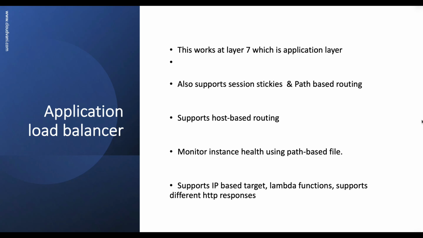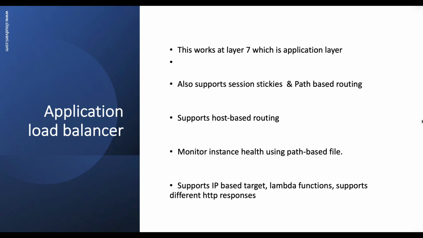If the path is not available, it is going to show the status of the instance as unhealthy, which means you can configure an alert. The alert goes through CloudWatch, and then you can take appropriate action to bring your instance back to healthy.